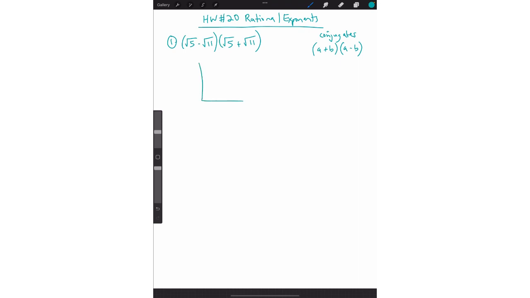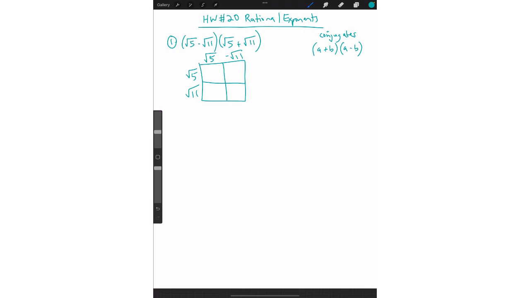So I'm going to go ahead and draw my box. We've used the box method before, so this should come as no surprise. I'm writing the square root of 5 minus square root of 11 across the top, and then I have the square root of 5 and the square root of 11.